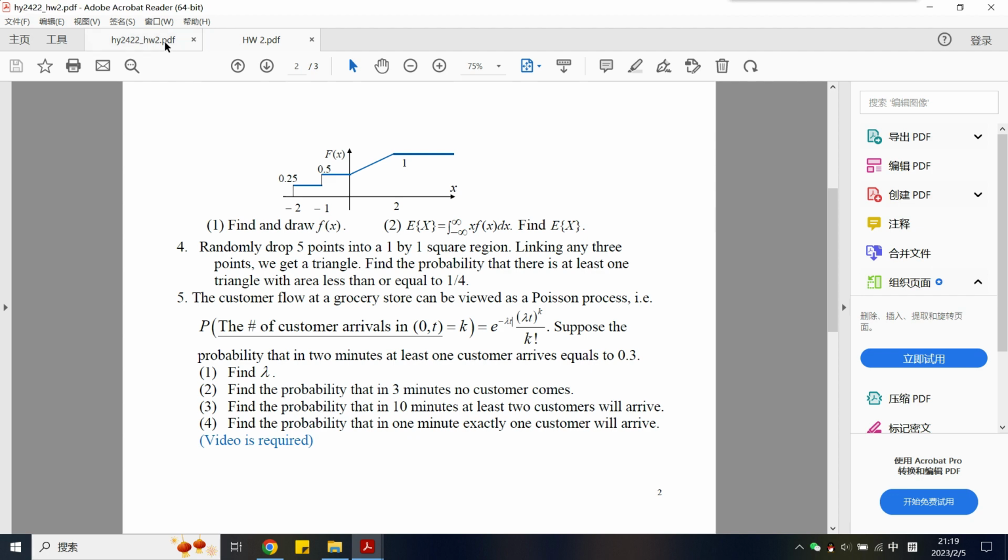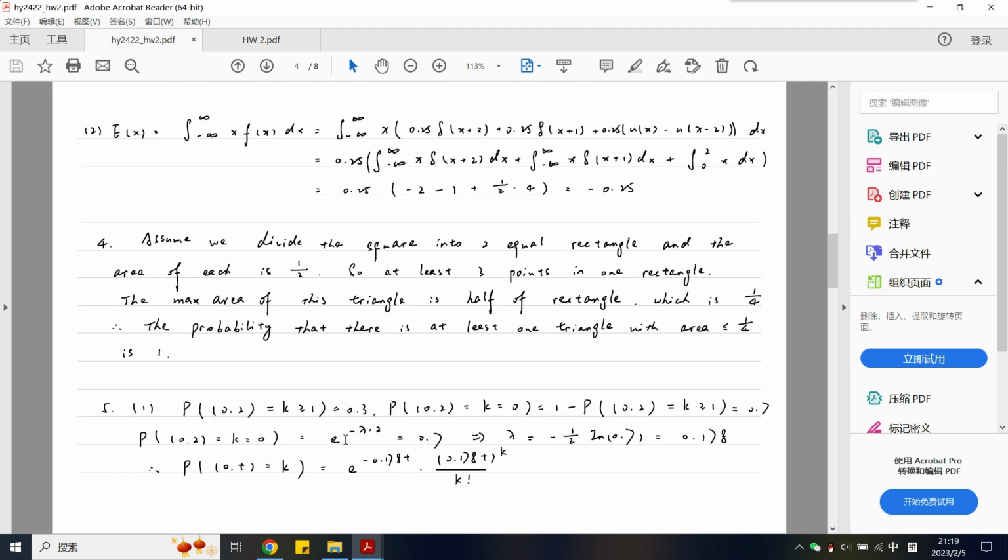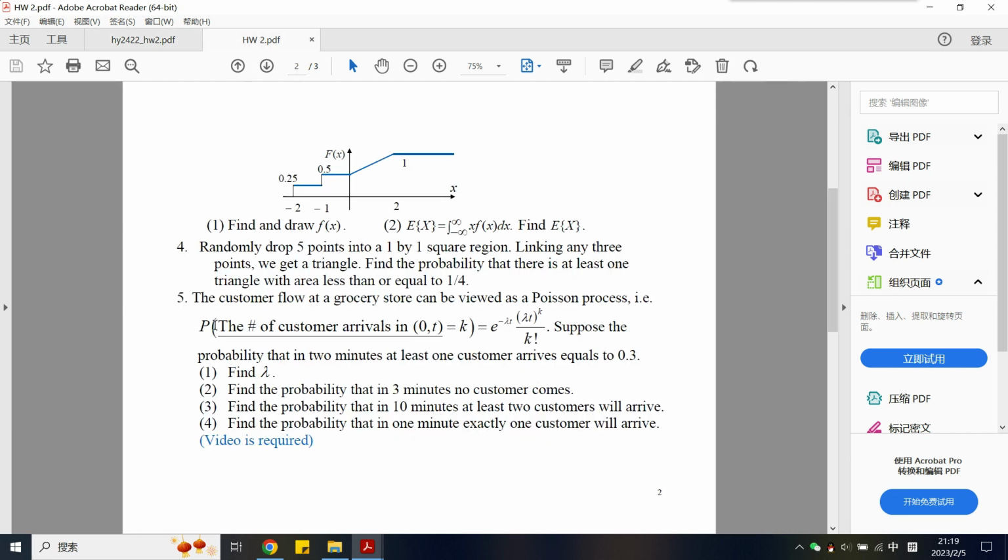And then we can put this condition into this formula, calculate, and get lambda equals 0.178, and that's the first answer of this question.